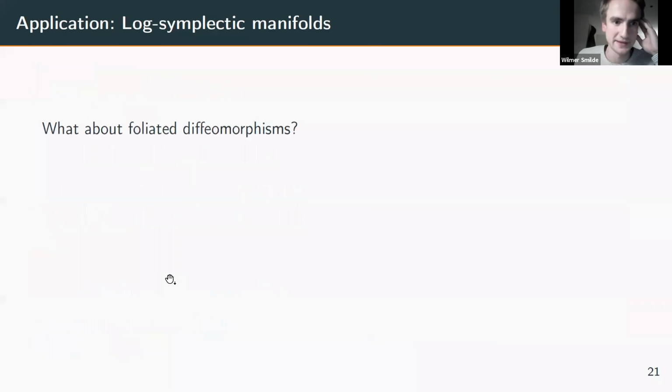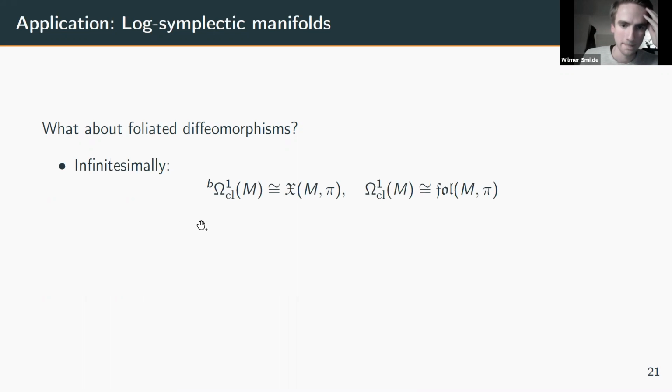And this is not a full story, because there are some of those subgroups that we've been looking at. So what about those? Well, infinitesimally the log-symplectic structure induces an isomorphism between Poisson vector fields on one side and B closed one forms on the other side.